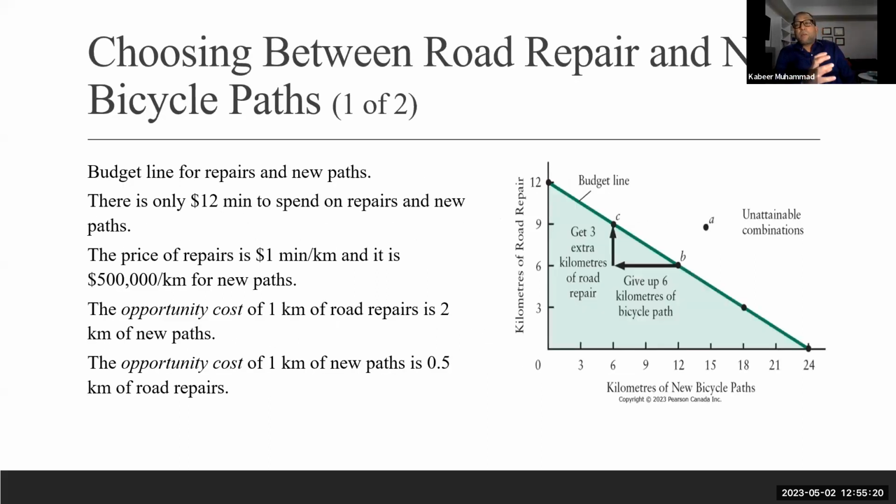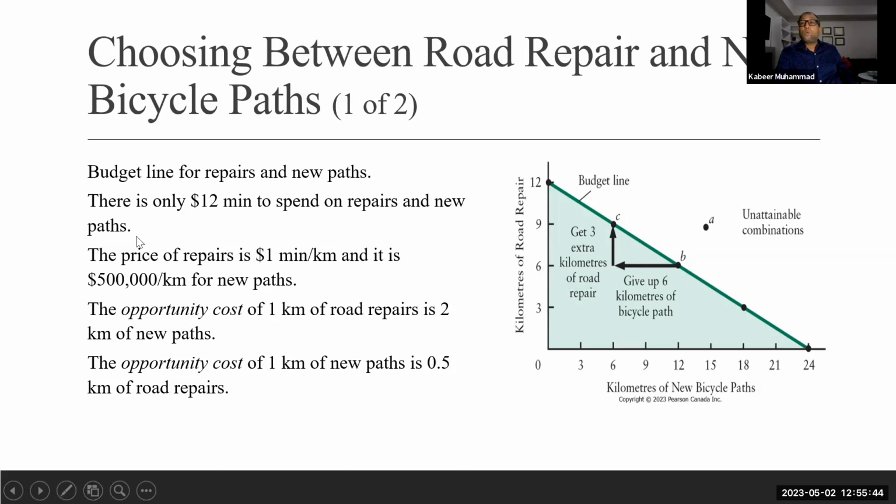Here is an example to understand this idea of opportunity cost. Suppose the government has limited resources and has to choose between building a bicycle path or repairing the existing roads for cars and vehicles. The government has 12 million to spend.